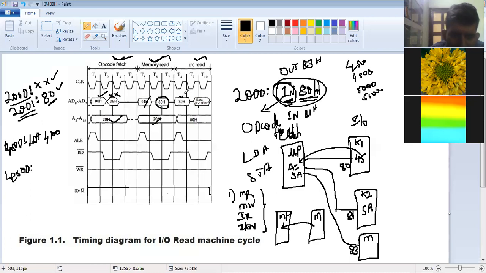Okay, 80 is the address. Generally for LDA 4100, 41 will be available here, 00 will be available here. But how many bit address is this? So it is an 8-bit address. One more copy they will load here, but anyhow it will take only this one.